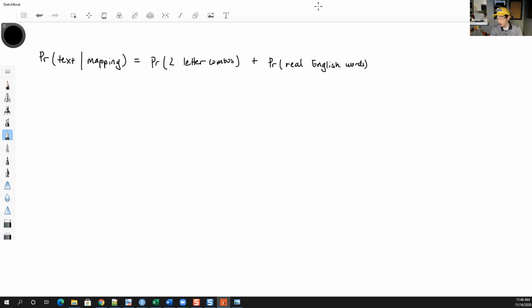Okay, and so if we see real words in the deciphered text, that will increase the probability of this potential mapping.